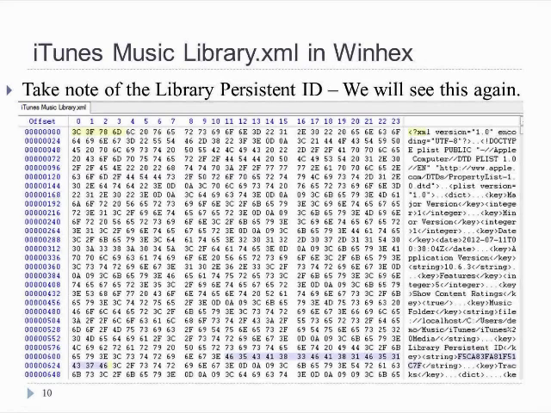First, we'll take a look at the iTunes Music Library XML in WinHex. The first thing we'll notice is it has a standard XML header, and that's 3C, 3F, 78. And we could actually keep going with the XML header.